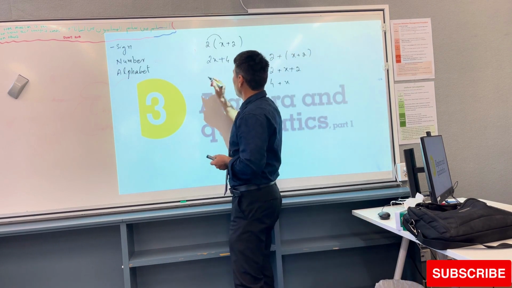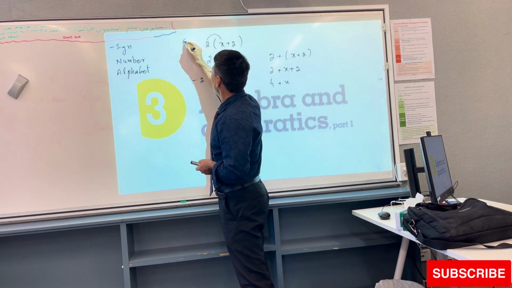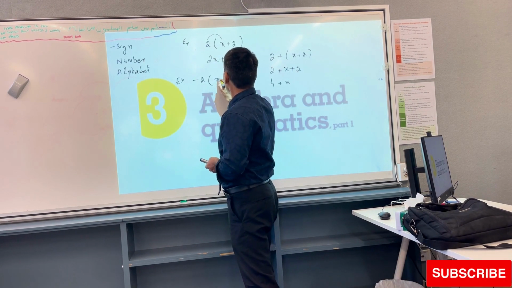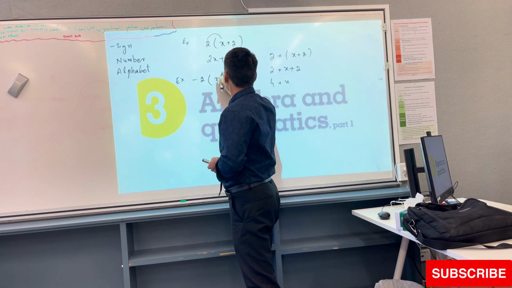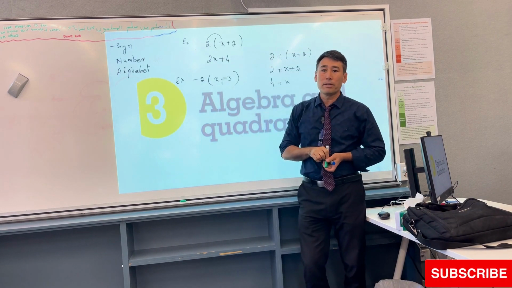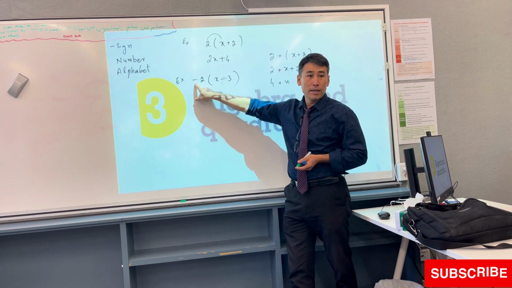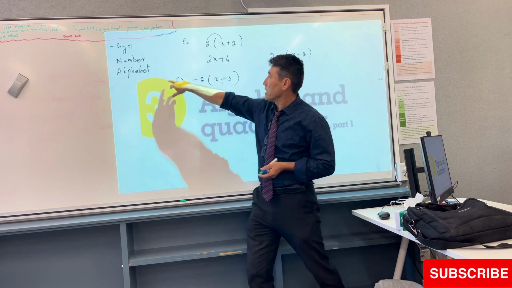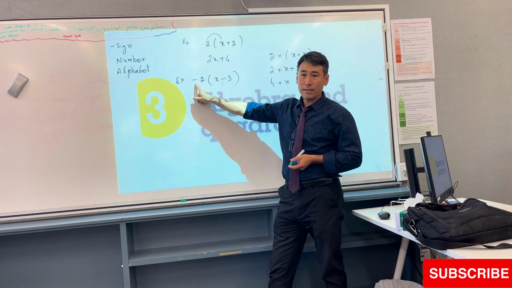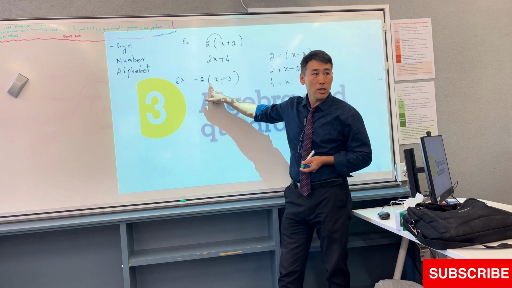Let's do this with a sign as well. Example number 2, negative 2 times x minus 3. This is another example. I introduced only a negative sign, okay? Now, think of this. First, we think of sign. Negative sign, and what is the sign of x? Positive.